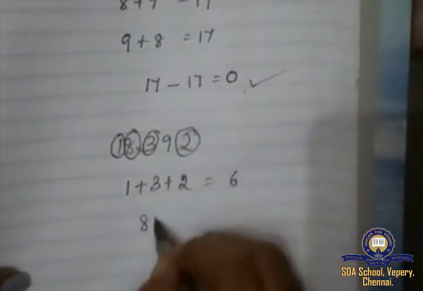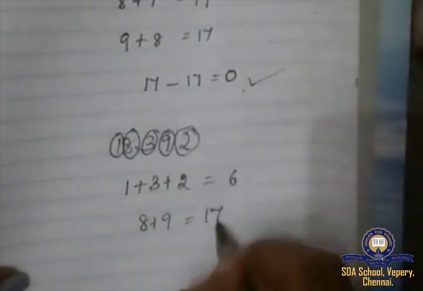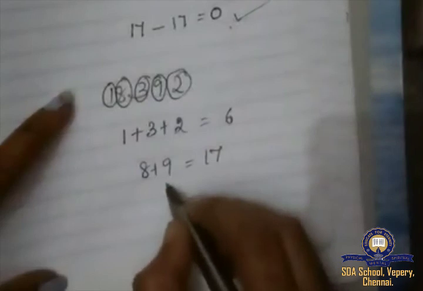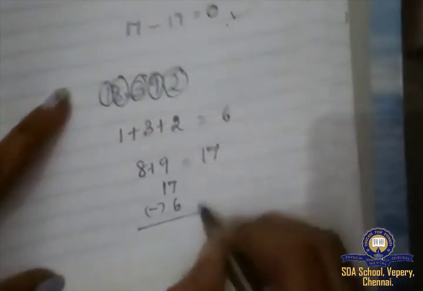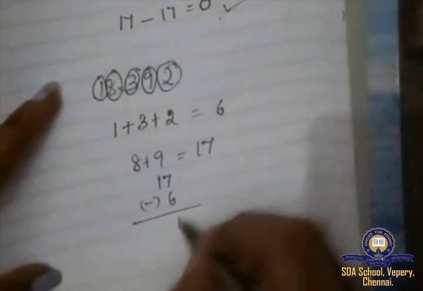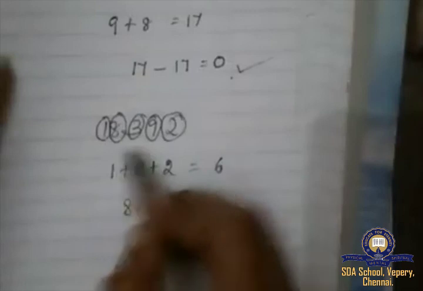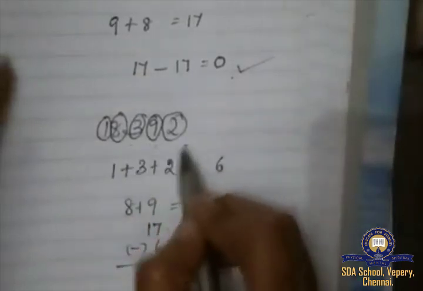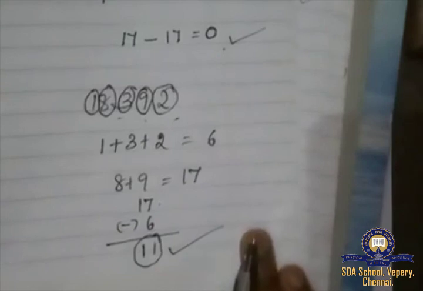Now 8 plus 9 is 17. Now subtract: 17 minus 6 is 11. 11 ones are 11. So 18,392 is divisible by the number 11.